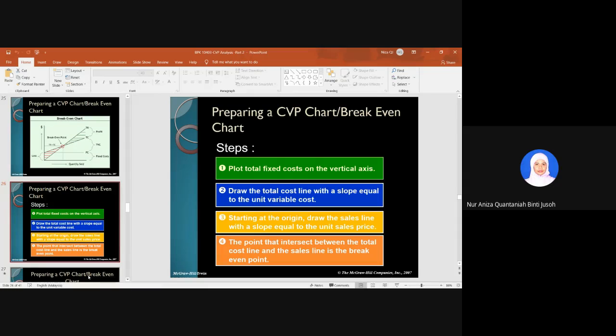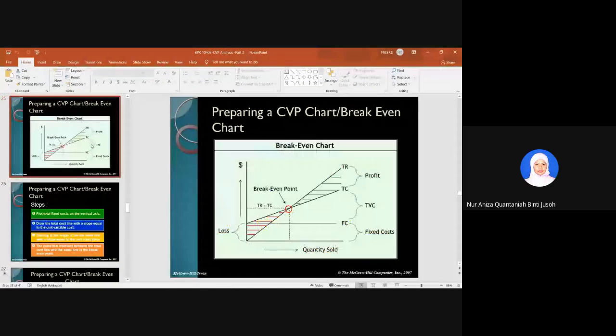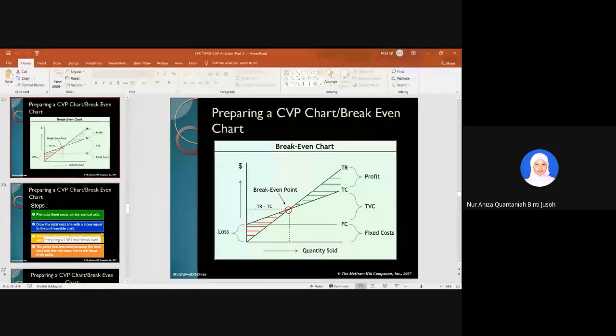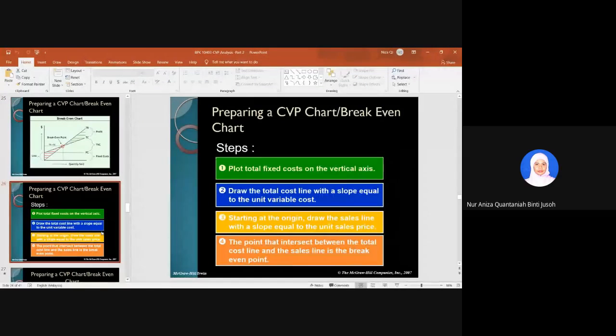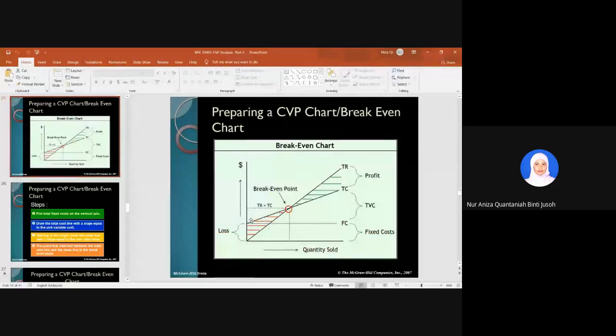So how do you prepare it? First plot the total fixed cost on the vertical axis, and then draw the total cost line with a slope equal to the unit variable cost. First draw the fixed cost, and then draw the total cost line, the line above the fixed cost.